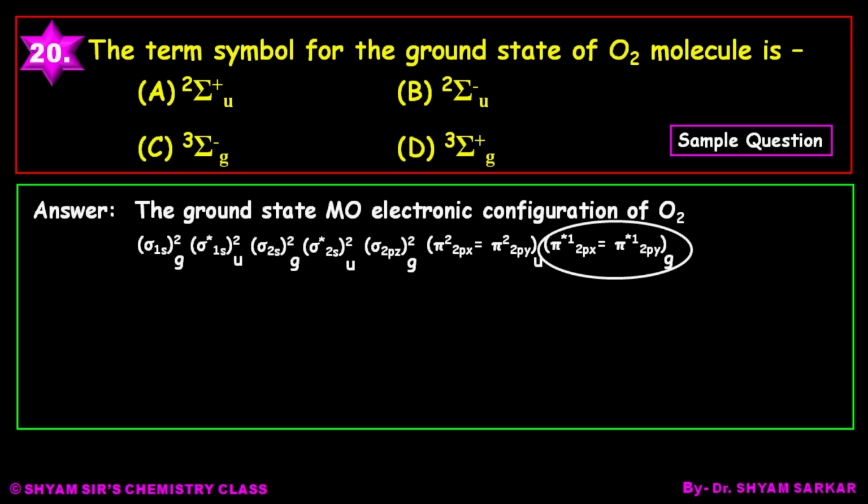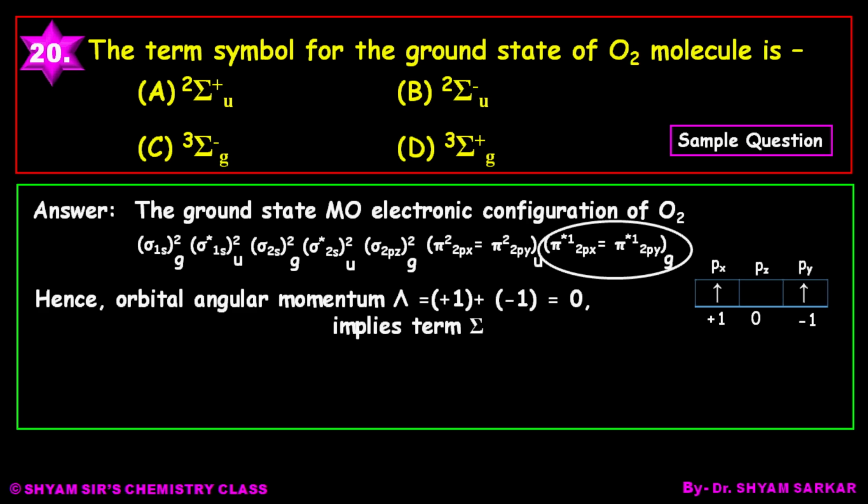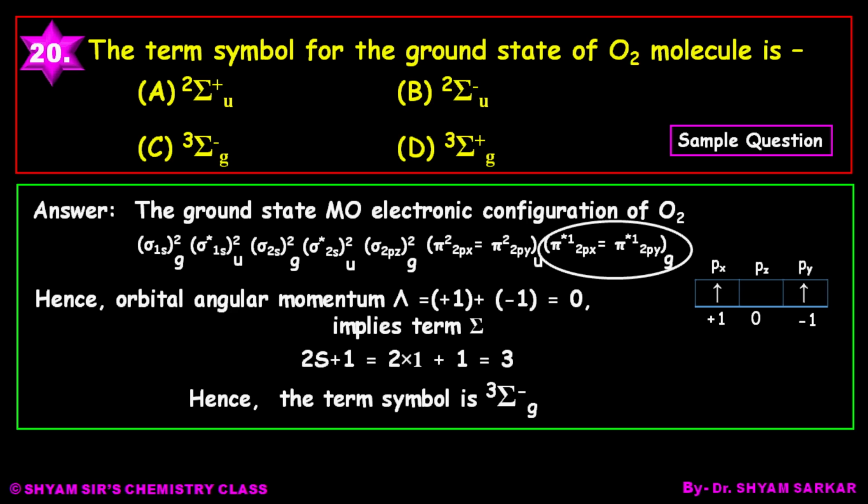Now the total orbital angular momentum lambda equal to plus 1 minus 1, that is 0. 0 implies the term capital sigma. Now 2S plus 1 equal to 3, because half plus half equal to 1. So S equal to 1, that means the total spin multiplicity 2S plus 1 is 3. So the molecular term symbol will be 3 sigma, where sigma is the capital Greek letter.